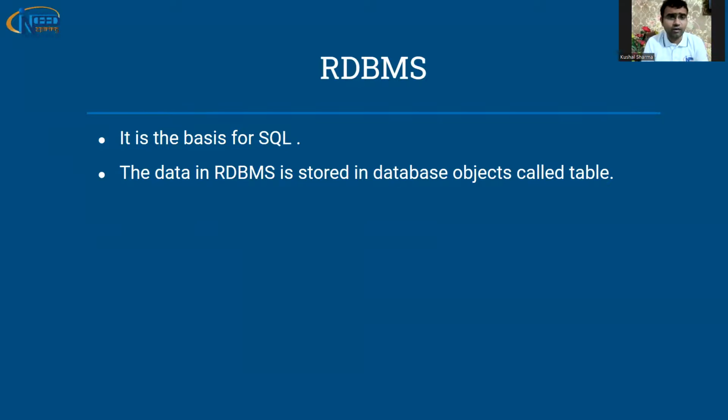It's simply like if you know English very well, but there is nobody who can listen or understand English, then what is the use of knowing a particular language like English? Okay, so similar way, SQL is a language which basically computer understands, but computer understands with the help of RDBMS software. Now, this RDBMS software has got database objects and they're called as tables.